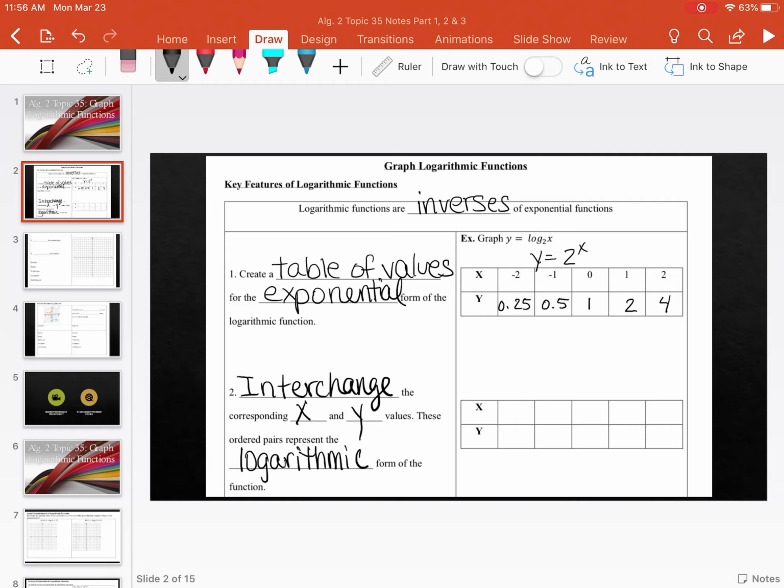So instead of writing negative 2, negative 1, 0, 1, and 2 in our table, we're going to write the y values, and those are going to become our new x values. When you deal with inverses, all you're doing is flipping x and y. So here that will give us the graph of log base 2 of x.